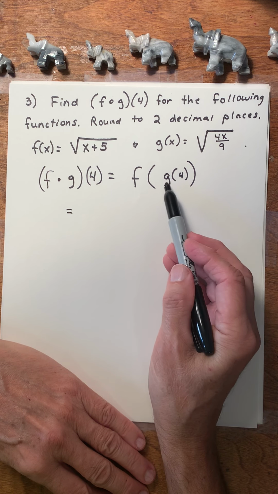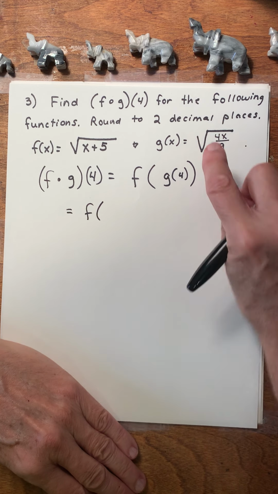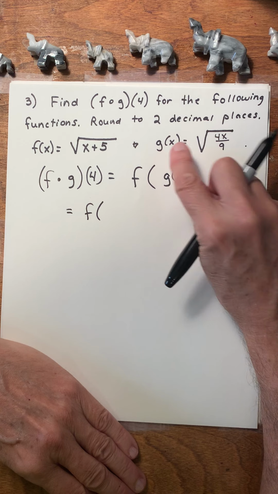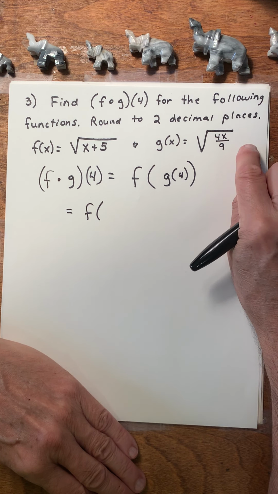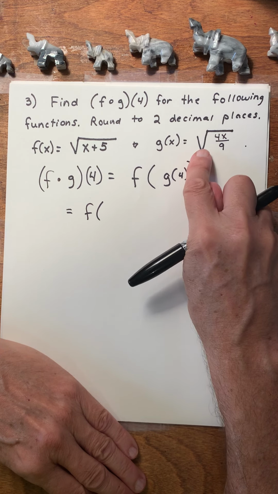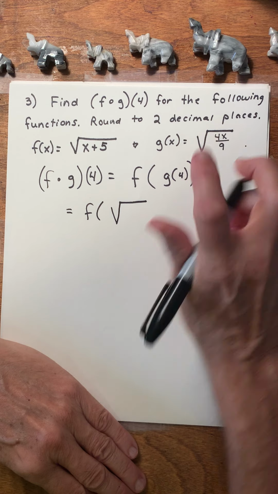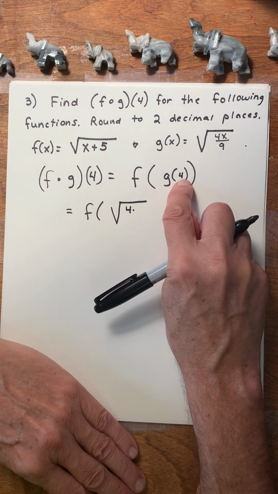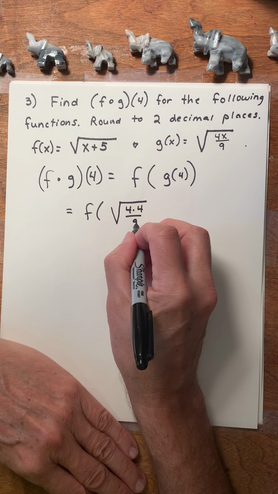First of all, in parentheses, g of 4. G of 4 says, here's my g function. G of 4 says everywhere I have an x, I'm going to put a 4. So it means the square root of, instead of 4 times x, it's 4 times 4 over 9.